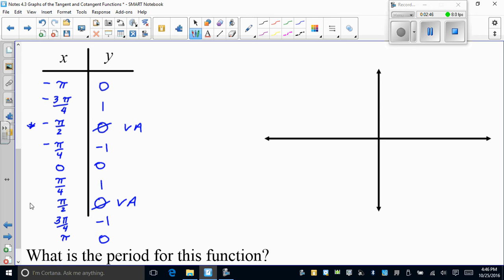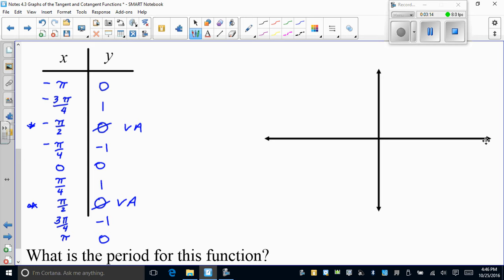Now, I wish I had a unit circle I could throw up there, but I can always use this. If this is negative pi over 2 and this is pi over 2, this gives us quadrants 1 and 4. We always want to graph from quadrant 1. Because this is an asymptote, we can't do quadrants 1 and 2, so we do quadrants 1 and 4 because 0 is not an asymptote for us.